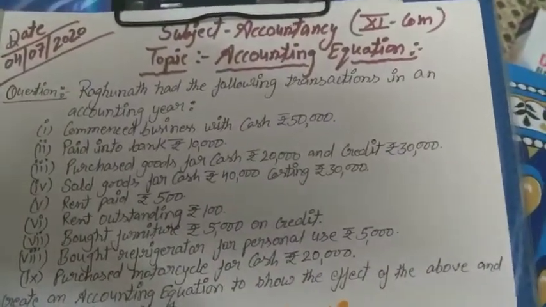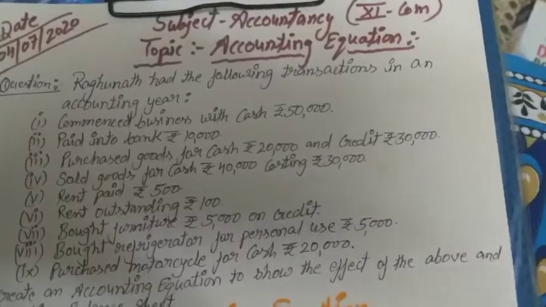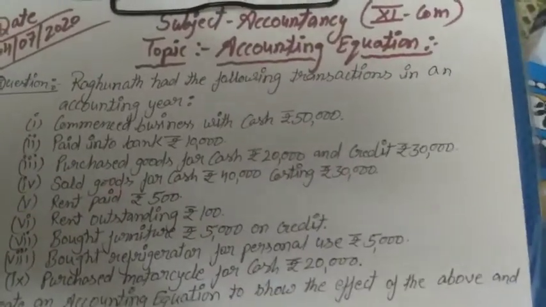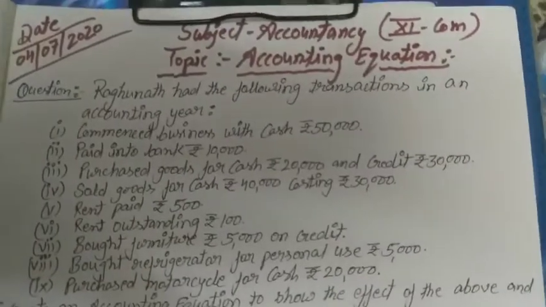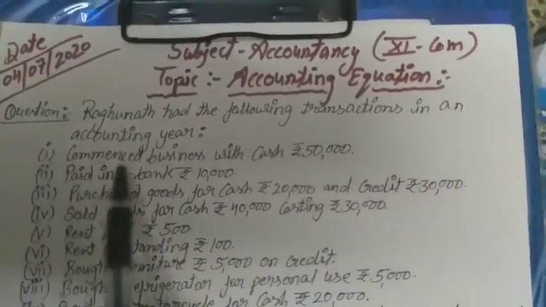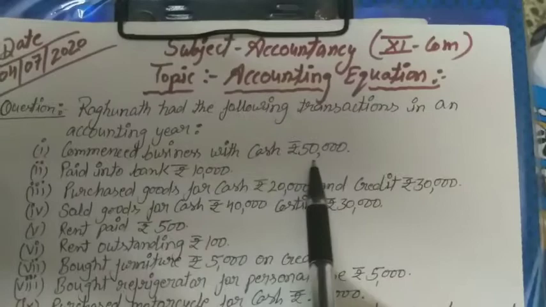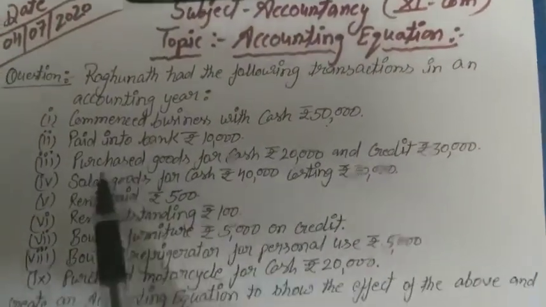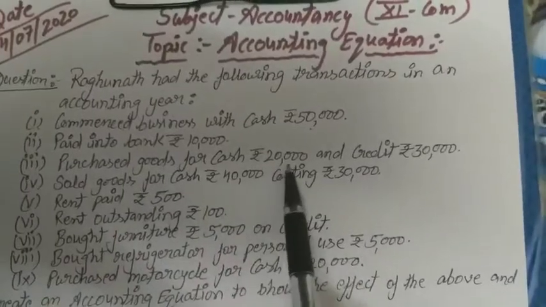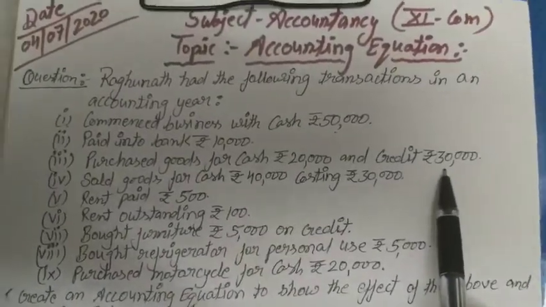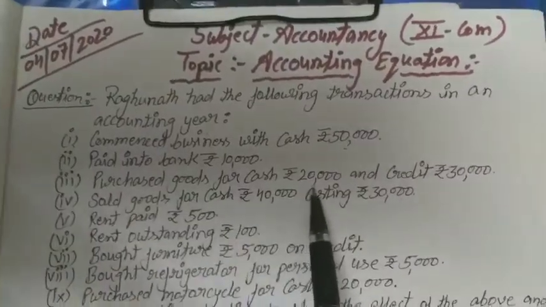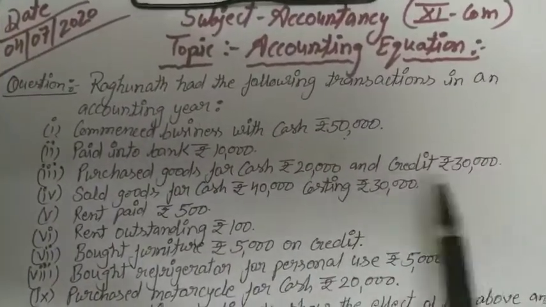First transaction: commence business with cash rupees 50,000. Second: paid into bank rupees 10,000. Third: purchase goods for cash rupees 20,000 and credit rupees 30,000. Within a single transaction, both types of goods are purchased, cash as well as credit.